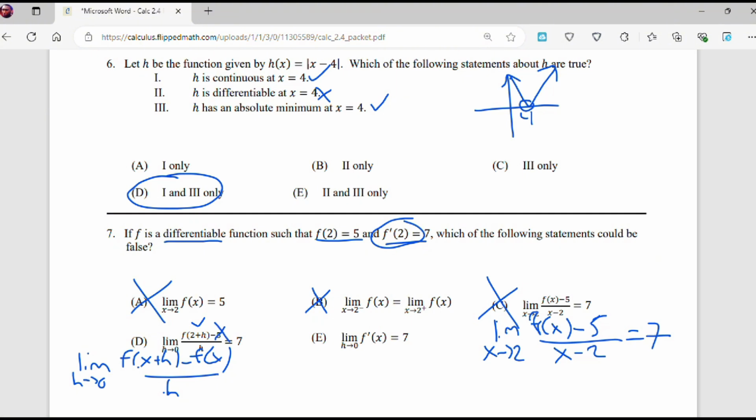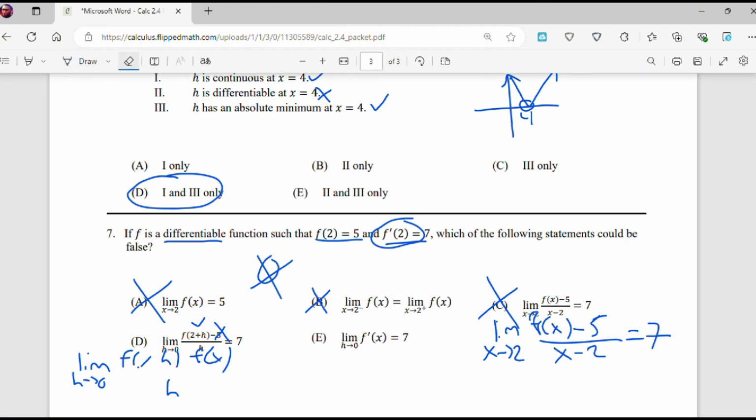If that was our function, then our derivative would be 0. Okay? And we just know that 5 just cannot be the function. Okay? And so D is going to be our answer because the formulas that are used are not equal to each other, right? So D is our answer.